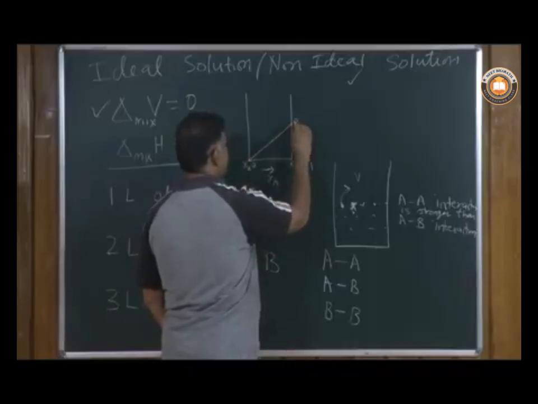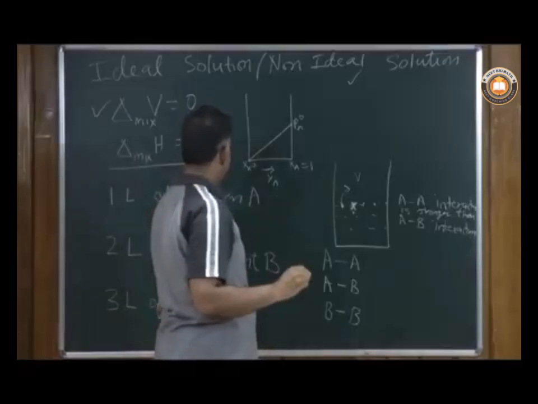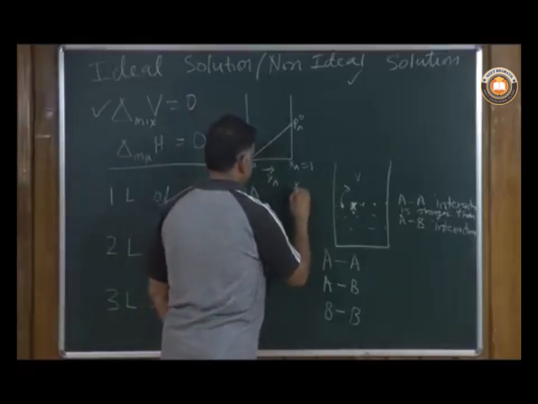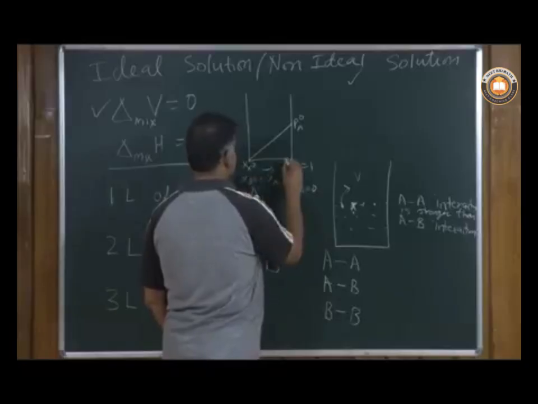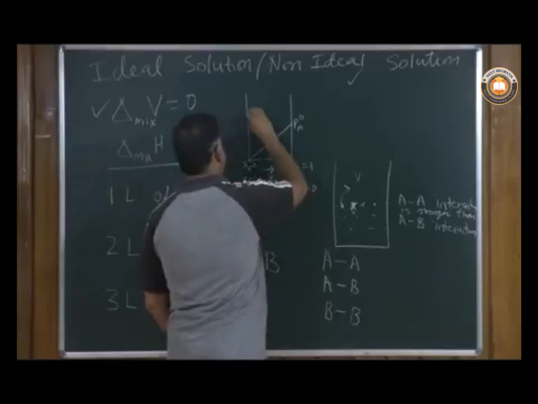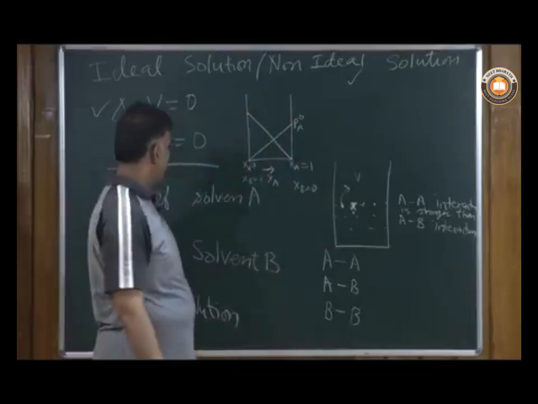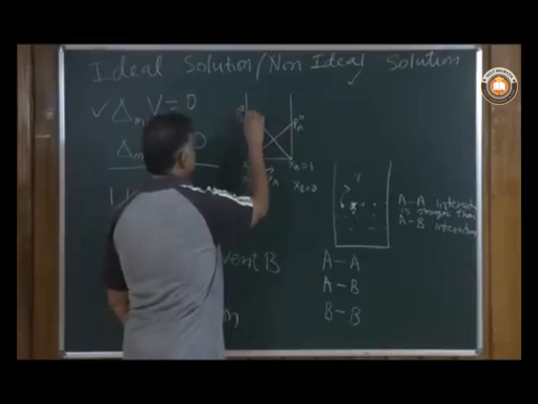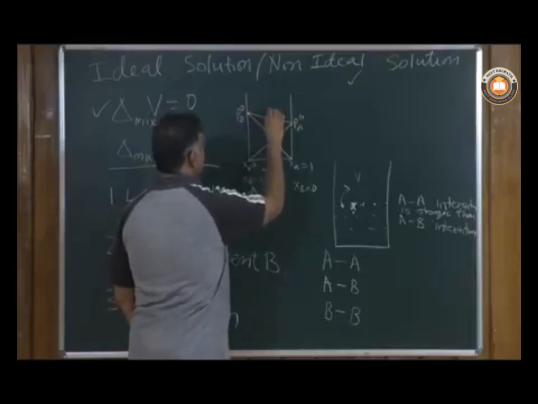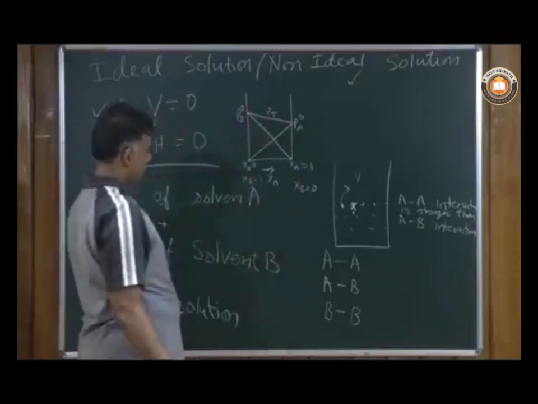Let us say this is P A 0, and same thing if x B over here is 0, x B over here is 1, and we get another line. This is the vapor pressure of B. This we have done earlier, and this is P B 0, and the total pressure is going to be this. This is the ideal solution.